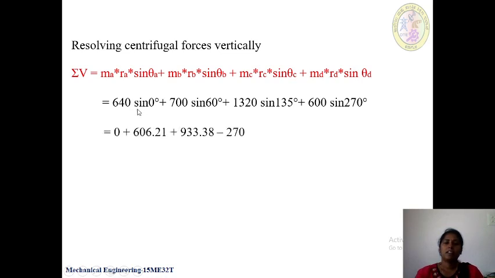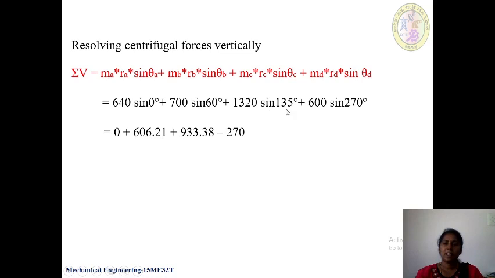In the calculator, first enter sin 0, which is 0, multiplied by 640, so that is also 0. Plus sin 60 degrees multiplied by 700, that is 606.21.